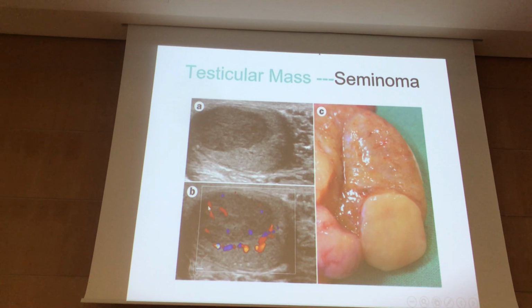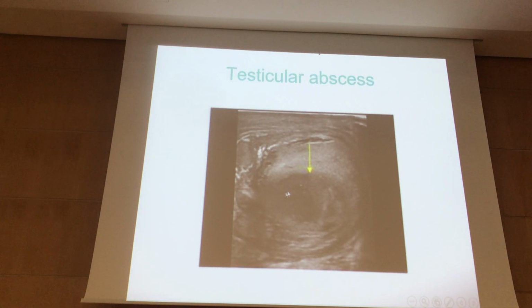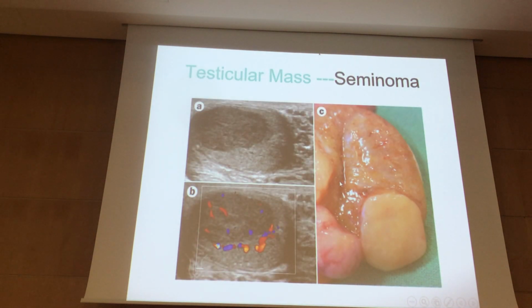If there is a tumor, there would be blood supply going inside the tumor. If it is an abscess, you will not have blood supply going to the necrotic, caseating part. You would have blood supply only in the wall of the abscess, not inside where the debris is. This is how you would differentiate, and obviously the clinical presentation would also be different. Inflammatory markers would be raised in cases of testicular abscess.